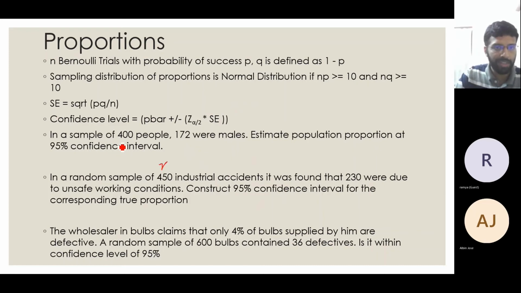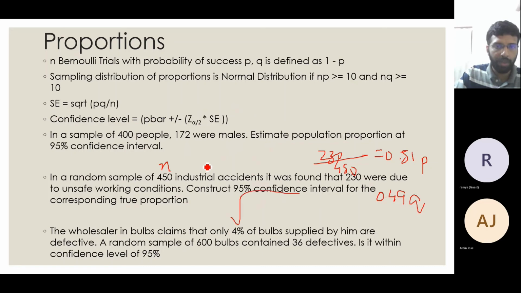So in this case n is 450. 230 is my P bar. So 230 by 450 will give me 0.51 as my P. So my Q will be 1 minus 0.51, that is 0.49.